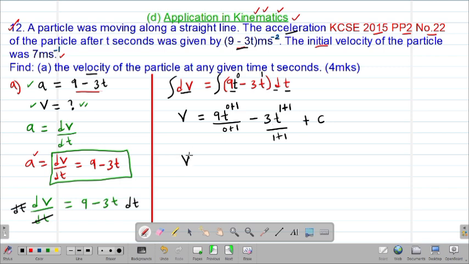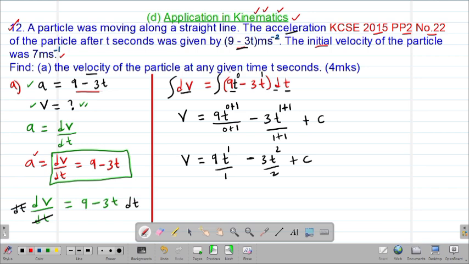Therefore, the velocity of the particle at any given time t was given by 9 t to the power of 1 over 0 plus 1, which is 1, then minus 3t to the power of 2 divided by 2, plus a constant of integration.